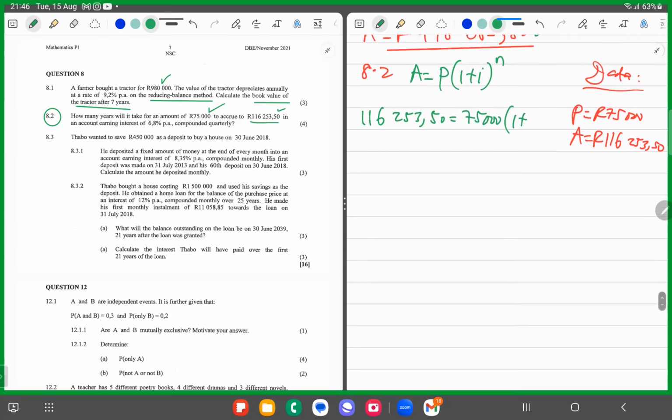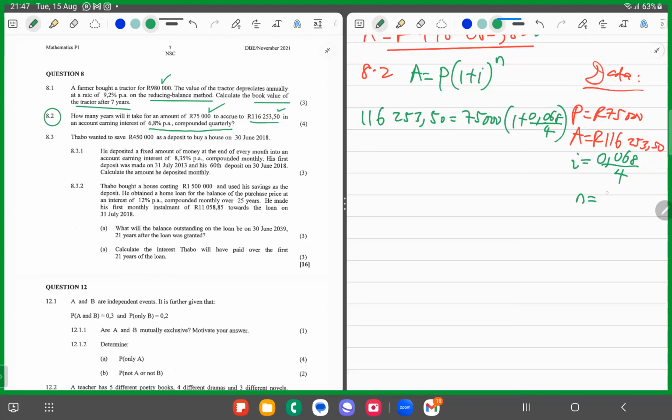And then you take the interest, which is 6.8% compounded quarterly. So you divide by 100, which is 0.068. Because it's compounded quarterly, there are 4 quarters in a year. So you have 0.068 divided by 4, and you raise it to the power n. N equals how many years will this take?